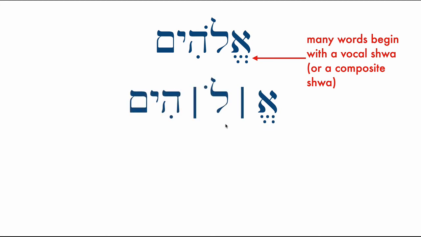Next letter. L. And then there's my cholem. It's the O sound. Lo. And I'm going to begin again. I'm hoping for a consonant. I get one. The hey, the H sound. Another long I and a mem. Elohim.